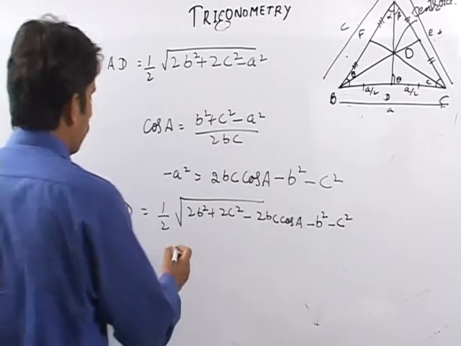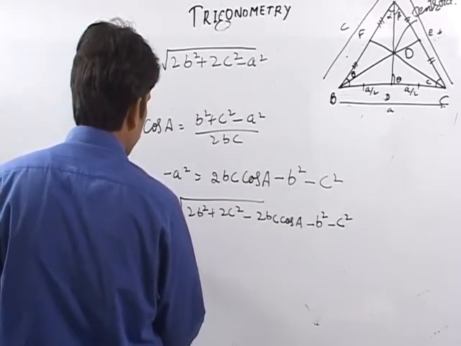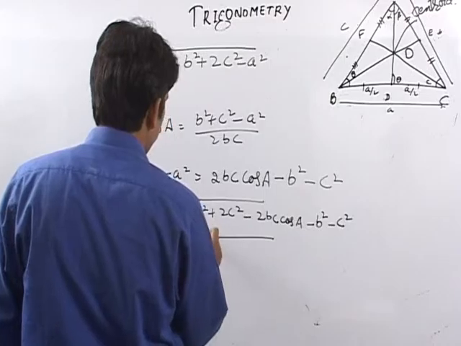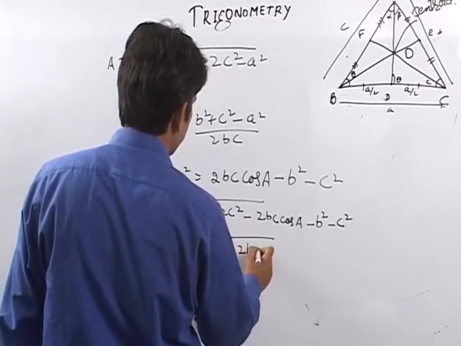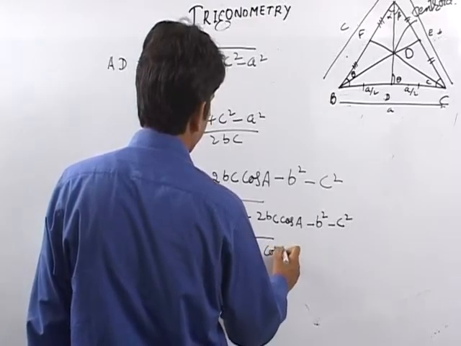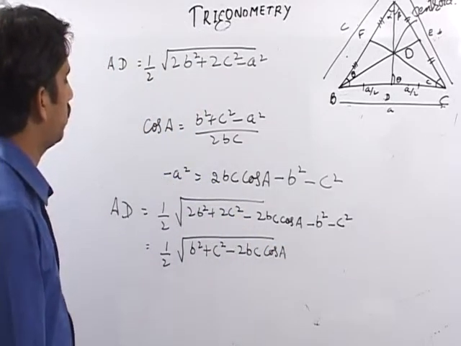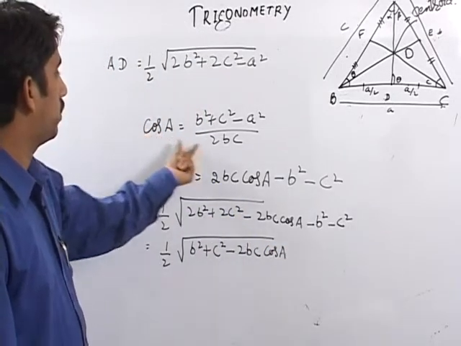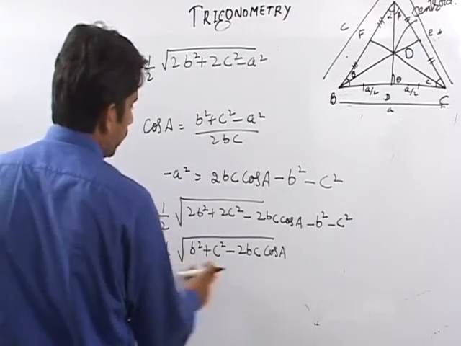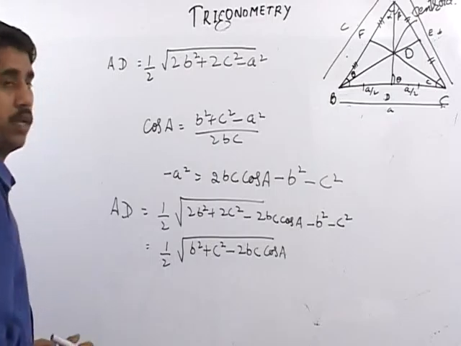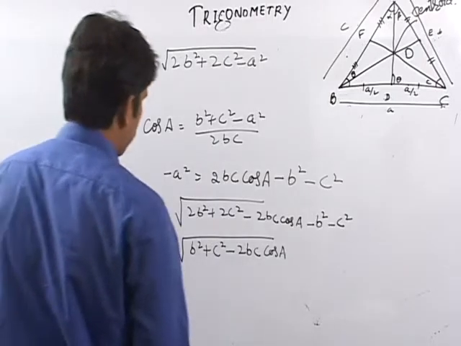And this will become 1 by 2 under the root B square plus C square plus 2BC cos of A. So this is the median AD in terms of cosine of angle A.